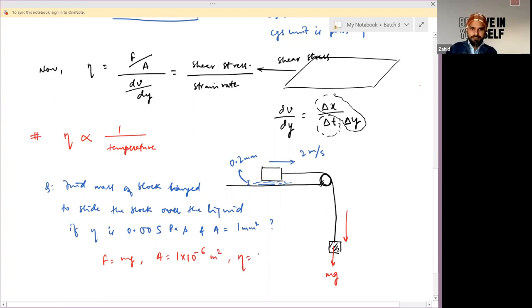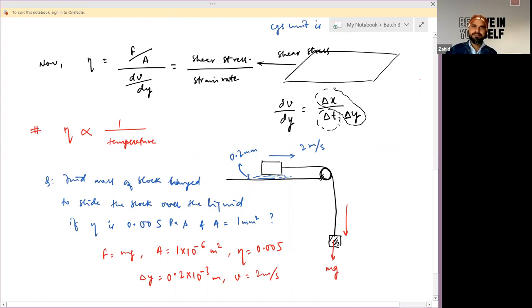Eta is 0.005. Thickness is 0.2 mm. And velocity of the body is 2 meter per second. Just put all the values in the above formula and simplify it.